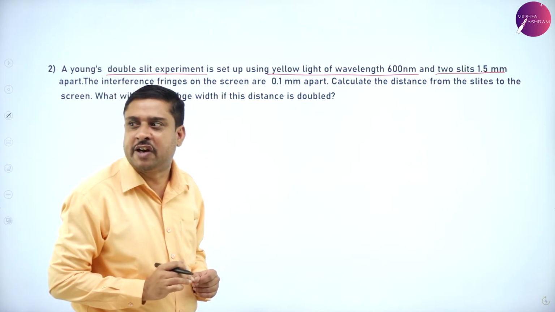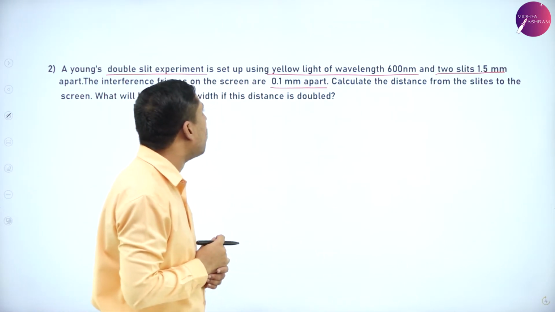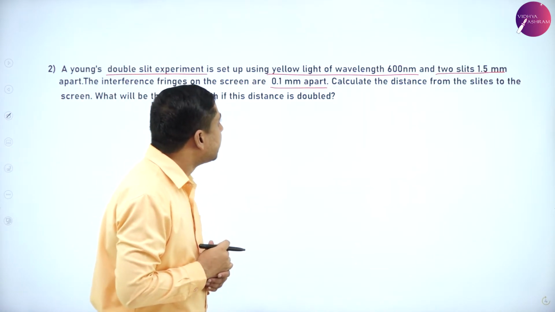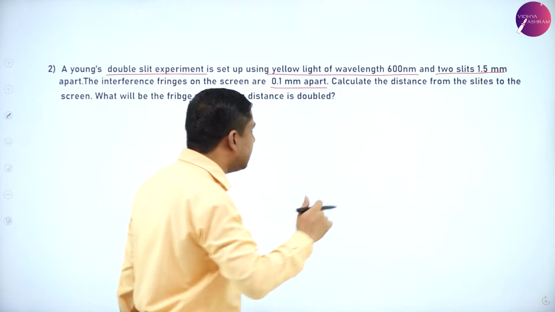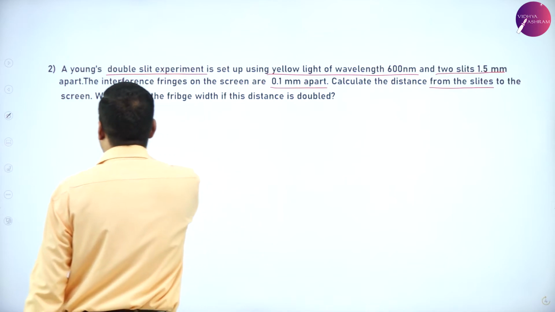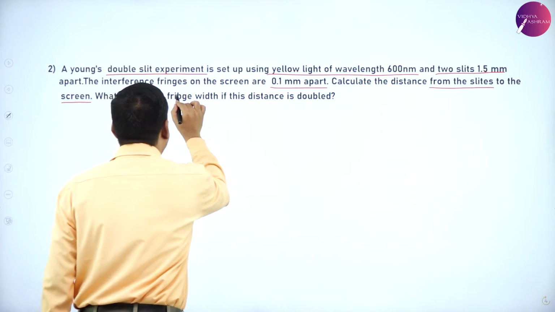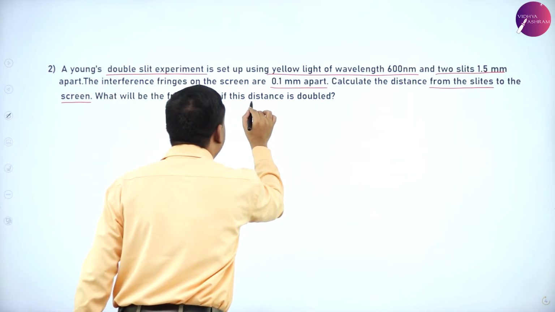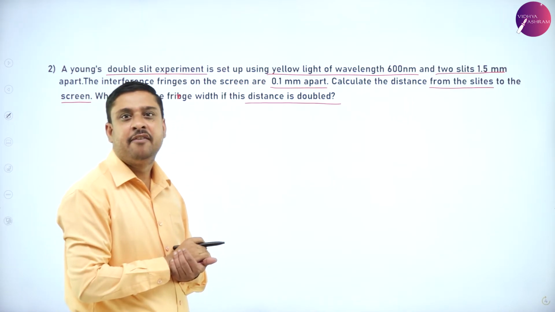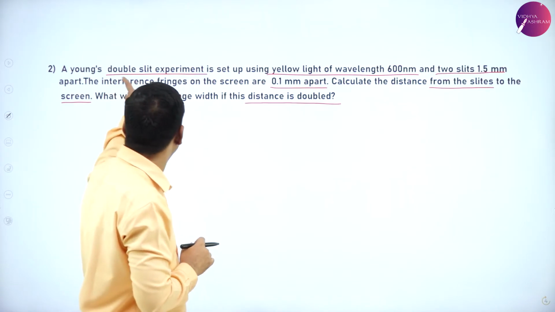The interference fringes on the screen are 0.1 millimeter apart. Calculate the distance from the slit to the screen. What will be the fringe width if this distance is doubled? Fringe width if the distance is doubled.